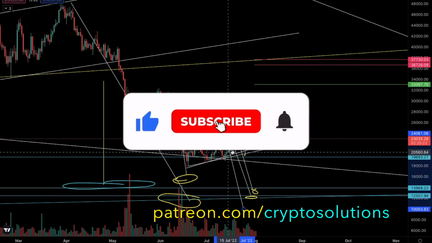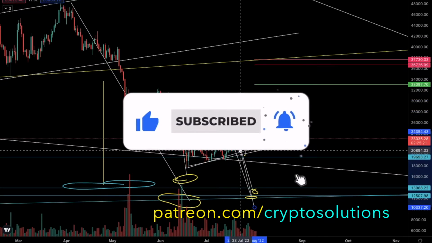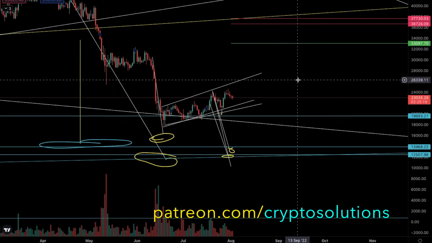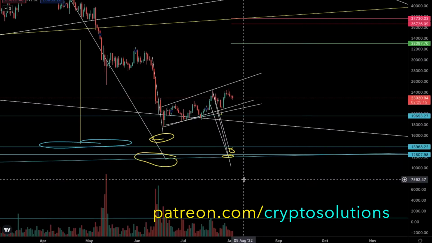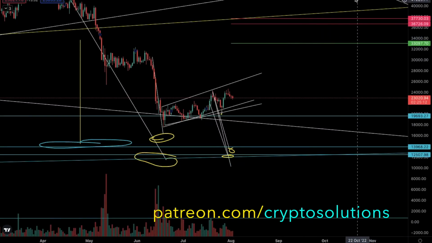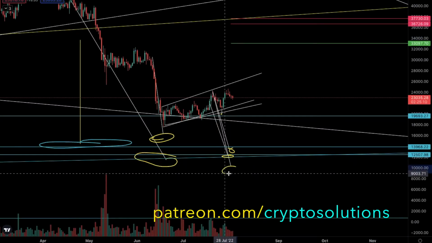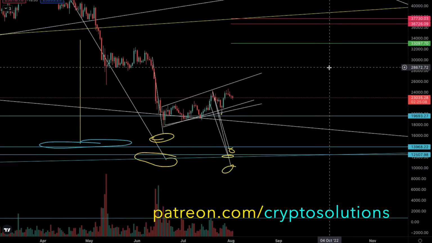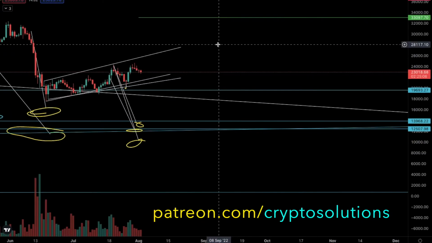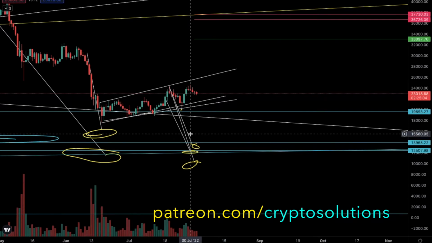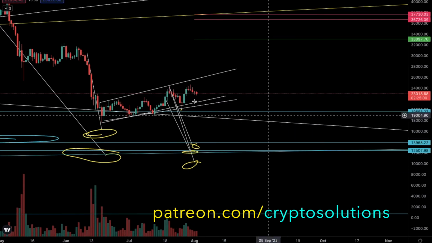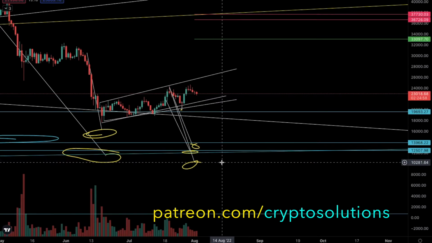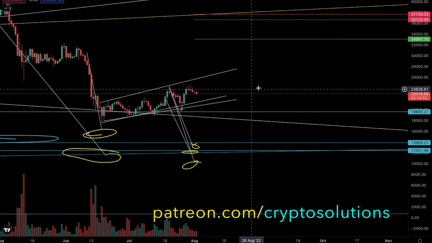There will be like this, and that will be the price target around $10,280. And which one of those will complete? So let's see right here, guys. We have the log scale giving us a $13,280 target, and when we go to the linear scale, we get this $10,280 level.